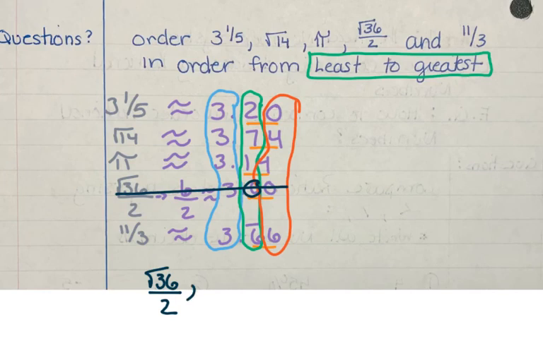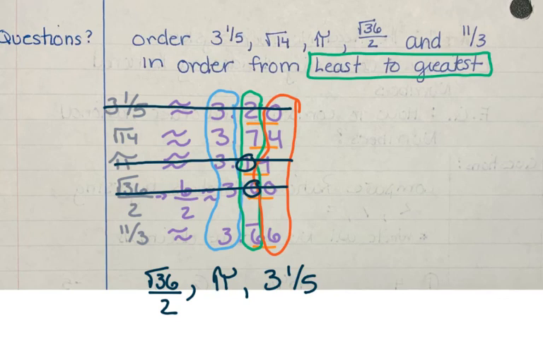So my next smallest, I see a 1 here in the hundredths place. So that's going to be pi. Remember, always use the original numbers. You'll get it wrong if you put your decimals in order. So my next smallest I see is the 2 up here. So my next smallest is going to be 3 1/5.